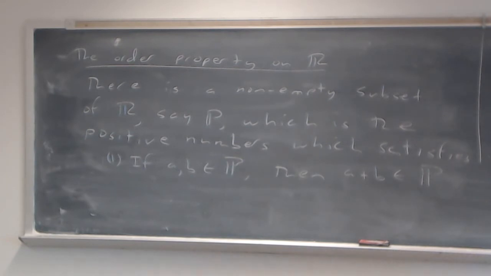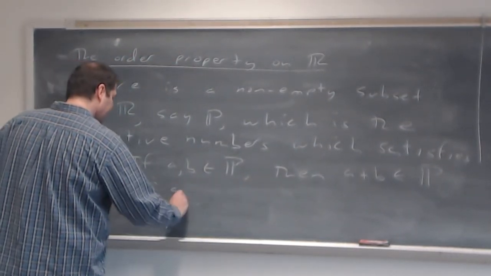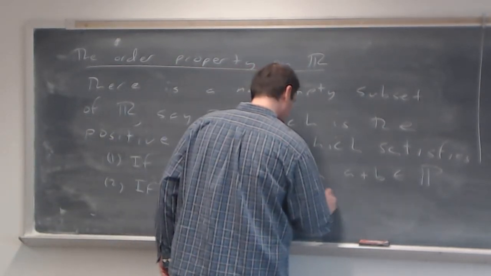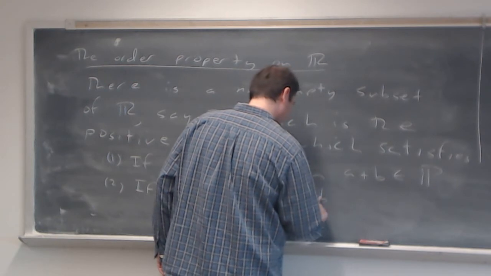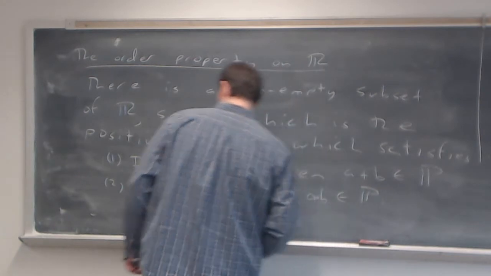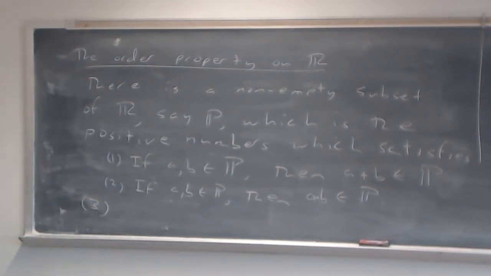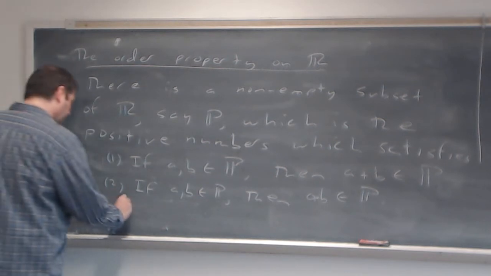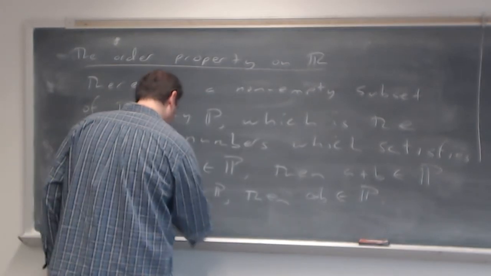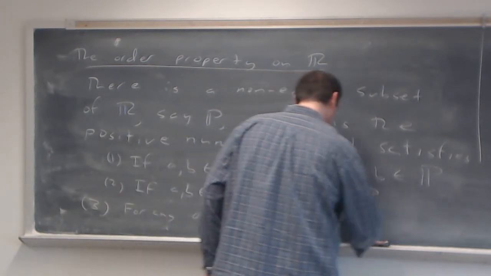Not only will that happen, but if A and B are positive numbers, if you multiply them together, that's multiplication, you multiply them together, that's a positive number. And the third statement involves the set of positive numbers, but it starts off with, for any real number A, for any A element of R, exactly one of the following occurs.